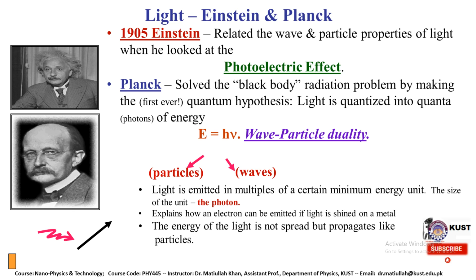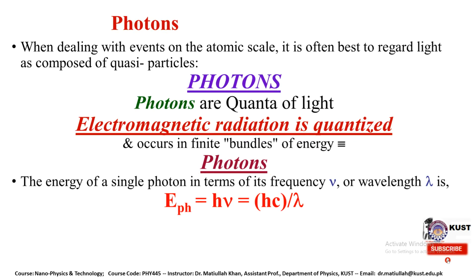Later on, after the de Broglie hypothesis, the scientists agreed that the radiation has both particle nature and wave nature, and both natures are related to each other. Whenever any particle is moving, a wave is associated with it, and we can find out the wavelength of that wave from that particular equation, E equals hc divided by lambda.